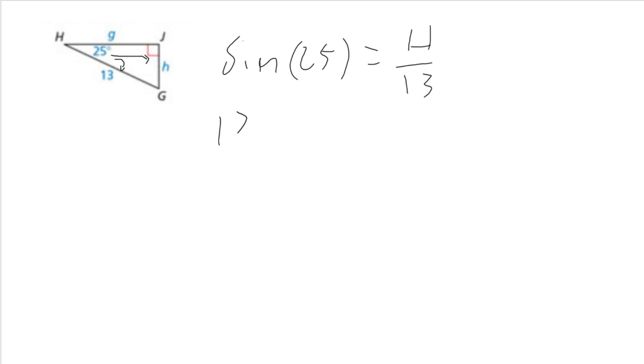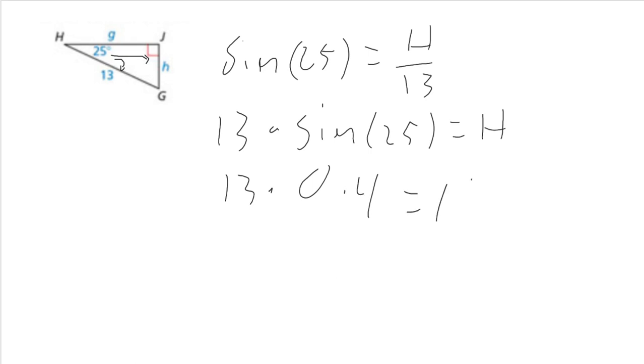And I multiply 13 up times sine 25 is equal to h. I plug that into my calculator and I get sine of 25 is 0.4 times 13, and I get 5.49 is h.